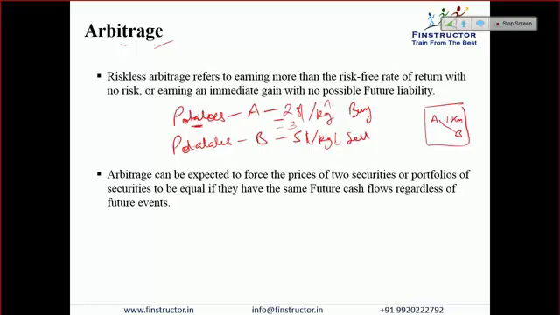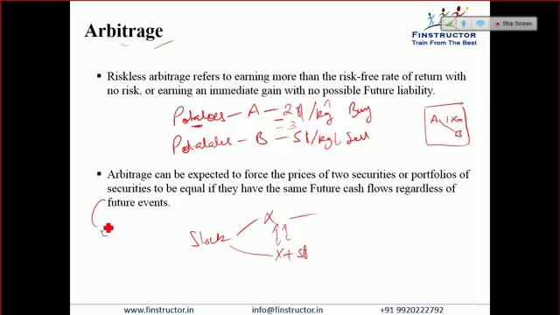This can happen in the stock markets as well. So if the same stock is trading at a price X in one market, and the same stock is trading at a price X plus $5 in another market, then the same logic can be applied and you can buy in one place and sell at the other so as to exploit the arbitrage.